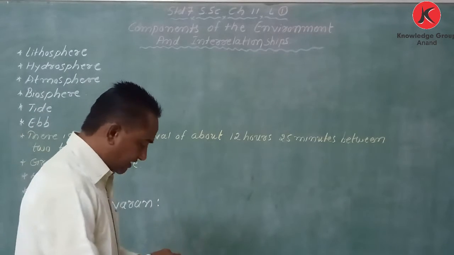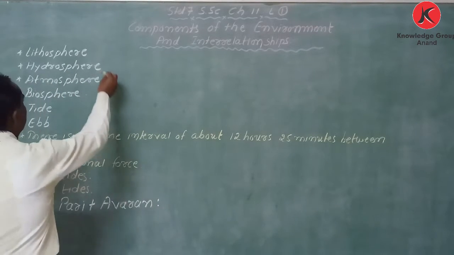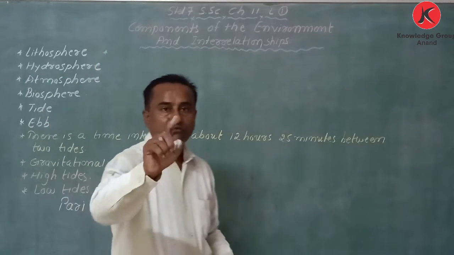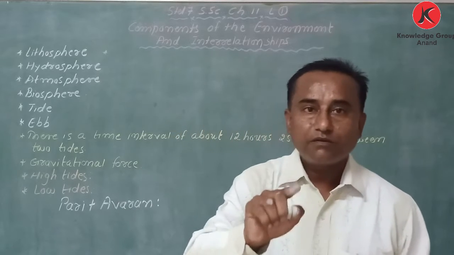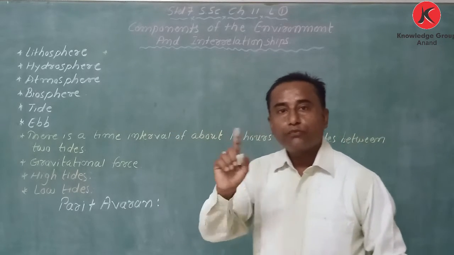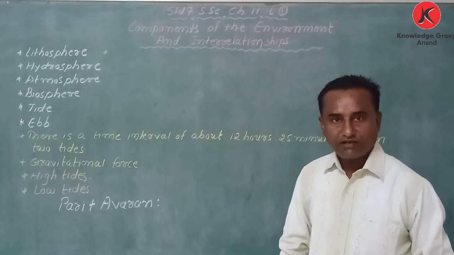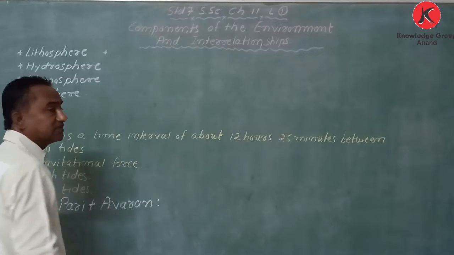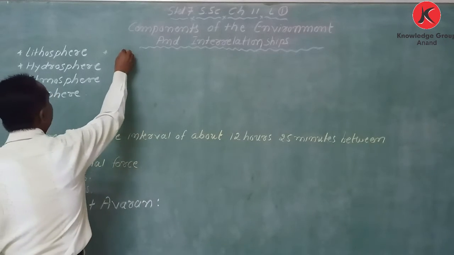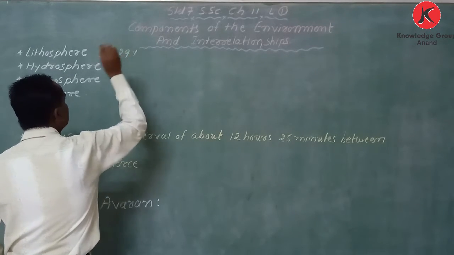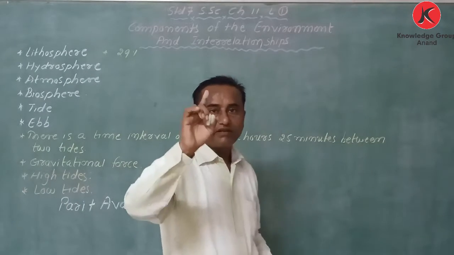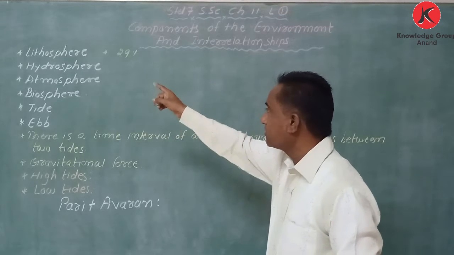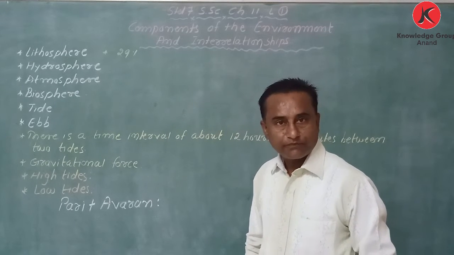One thing here I would like to say about lithosphere. The word lithosphere is made up of two words, litho plus sphere. Litho means soil. My dear student, 29% of the earth's surface is covered with lithosphere.